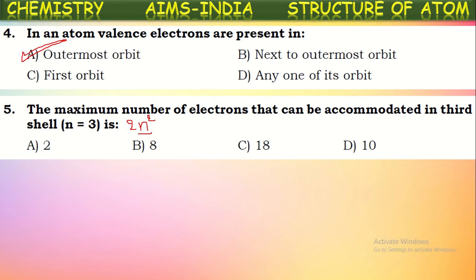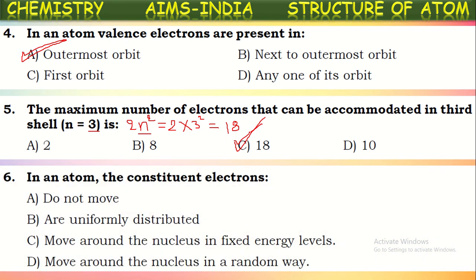Here, it is asked to find the maximum number of electrons that can be accommodated in the third shell, means n is equal to 3. If we substitute n is equal to 3 in this formula, we get 2 into 3 square, that is 18. So the third shell can accommodate a maximum of 18 electrons.